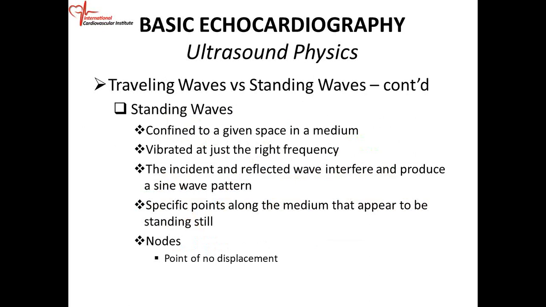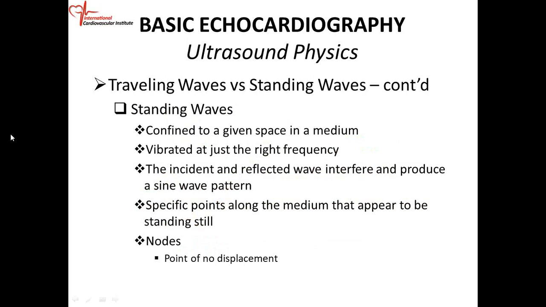So when you get a standing wave, the incident wave, that is the wave that you created, or the initial wave, when that wave reaches a boundary, it's going to be reflected, and then the incident wave and the reflected wave are going to interfere to produce a pattern which looks like it's standing still.